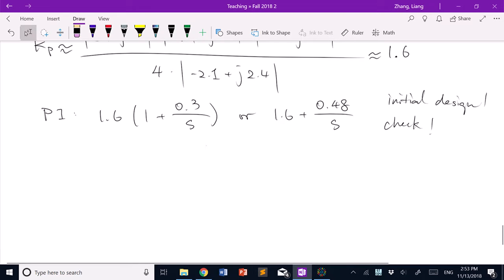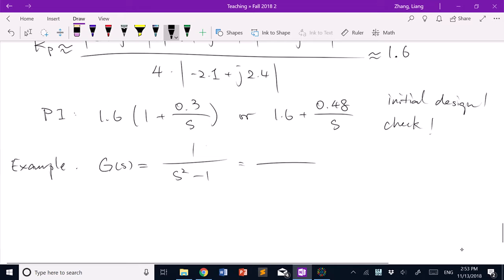So let's look at another example where we'll discuss the PD controller to conclude this lecture. So now let's look at an unstable system.